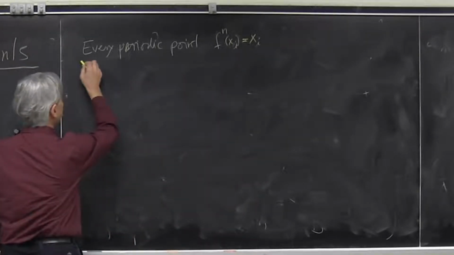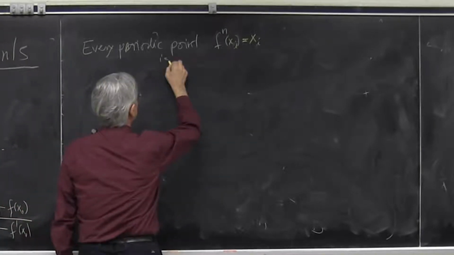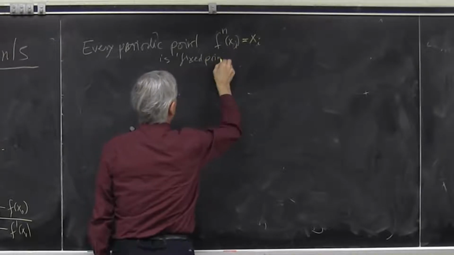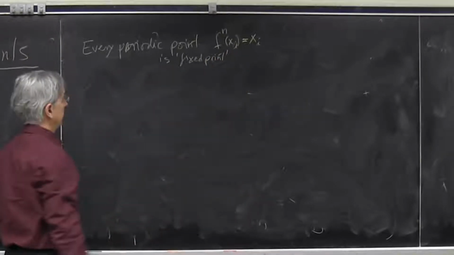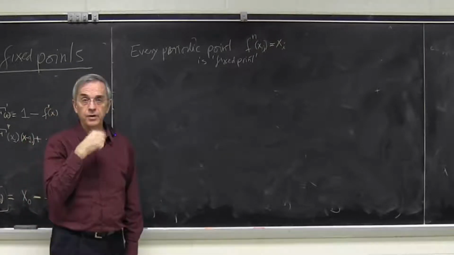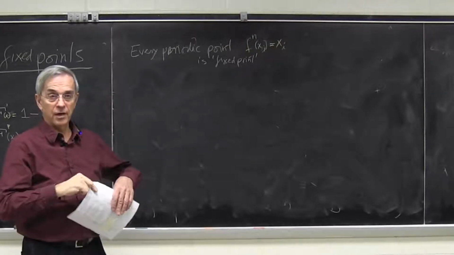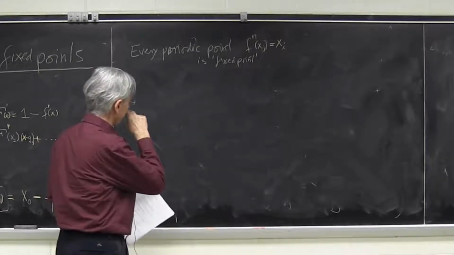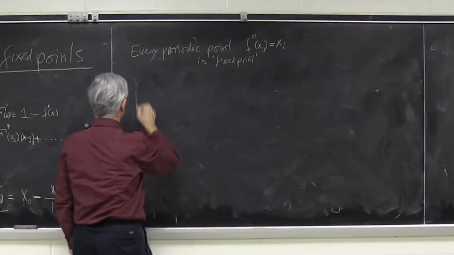And to understand why, just think of how you would find the good guesses. So in the chaos book, I use the Rössler attractor to show how you find good guesses by looking at return maps in Rössler. I can take a very simple example.